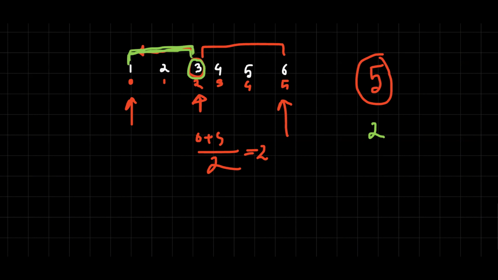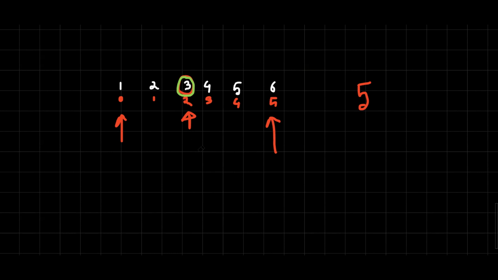It is not possible that 2 should be found after the value 3, because all of the values in this region are greater than 2. So here, the basic intuition of binary search is, if our target value is greater than the mid value, we have to shift our starting pointer to mid plus 1.